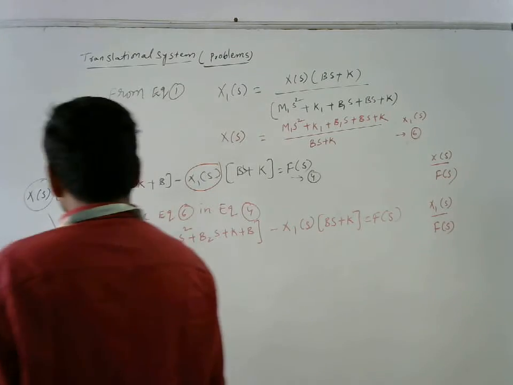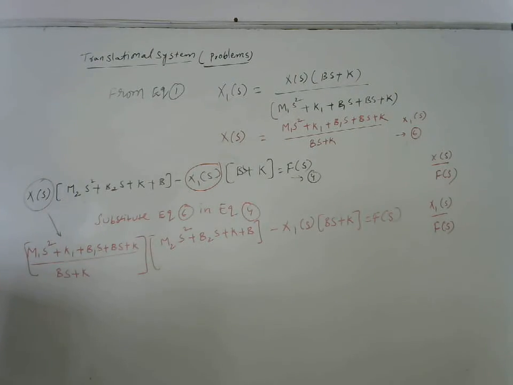Now again what do we have to do? Take bs plus k into x1 of s, and you need to take x1 of s common.